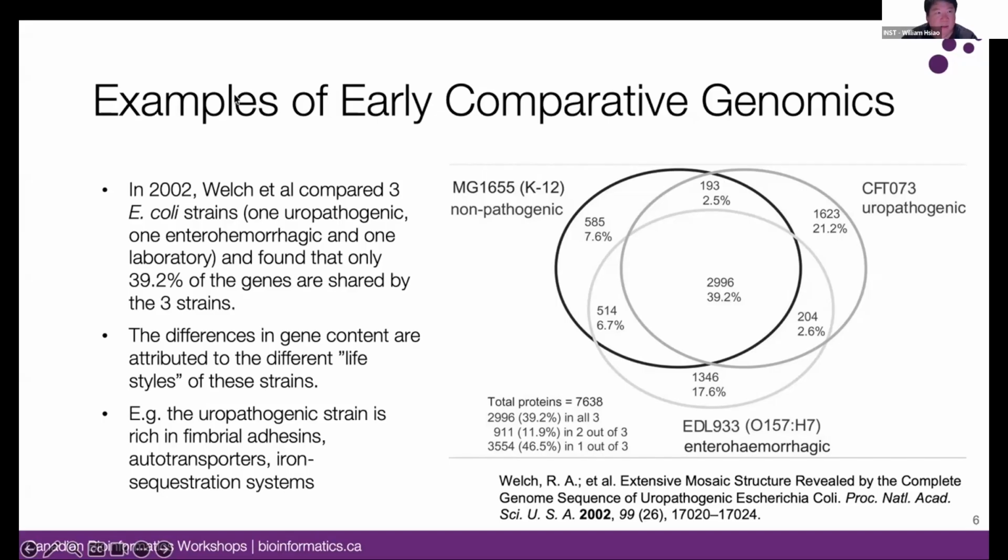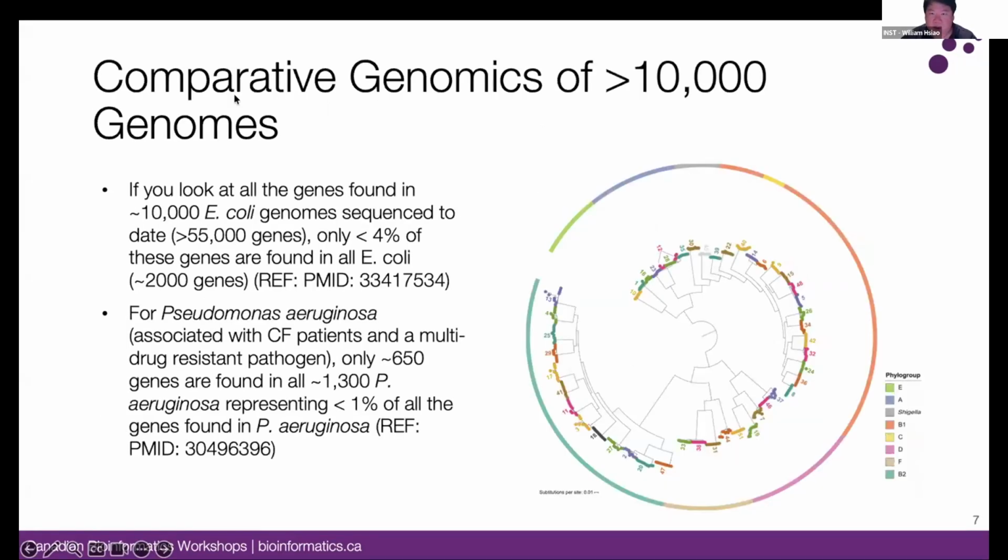And if we fast forward by about 15 or 20 years, when we compare genomes of about 10,000 E. coli, even though they form clades like you can see in this highly compact tree on the right-hand side, only 4% of the genes that are found in any of these E. coli are actually found in all E. coli.